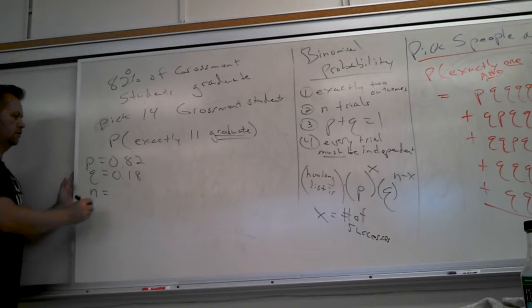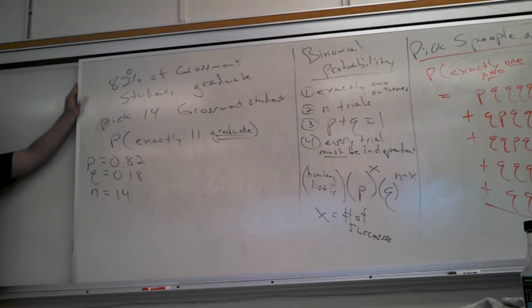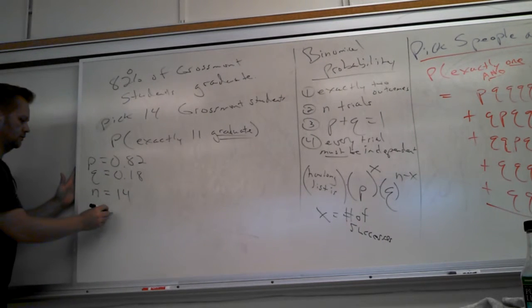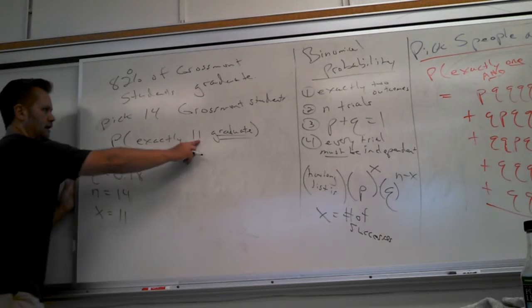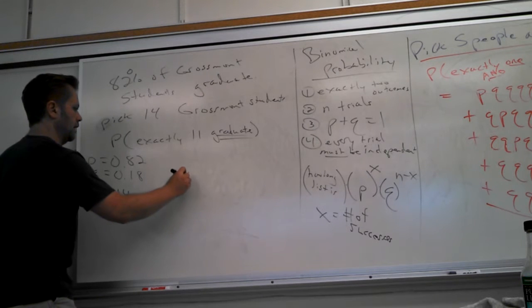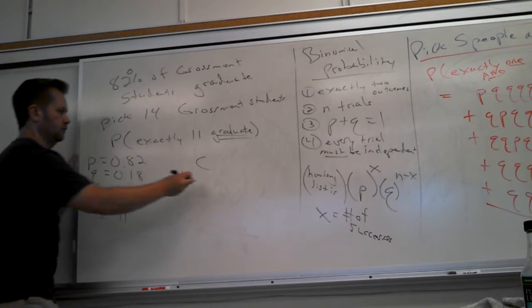What's N? 14, because I've got 14 trials. Right? And finally, what's X? I want 11 successes. I like it. So now I can just plug and chug. And this is beautiful how this sets up. If I've got 14 people, how many do I want to choose in this problem? 11.